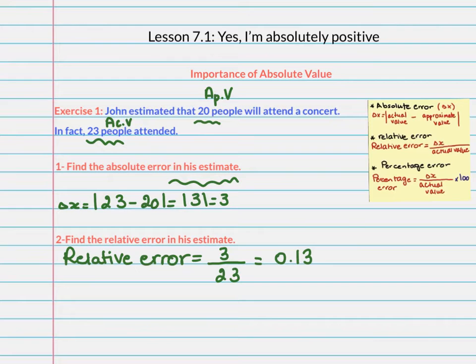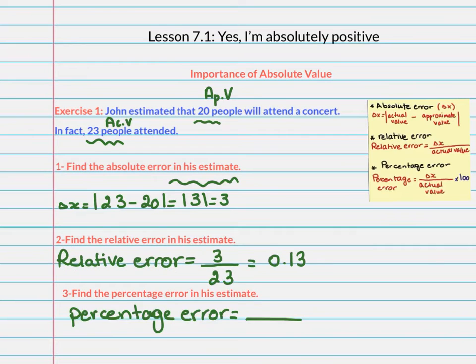Usually write 3 decimal numbers or round it to 3 decimal numbers, but here we will have an answer of 0.130, so we wrote it as 0.13. Find the percentage error in his estimate. Also, percentage error is 3 divided by 23. We don't forget to multiply by 100, and the answer will be 0.13 times 100, and that's 13%.